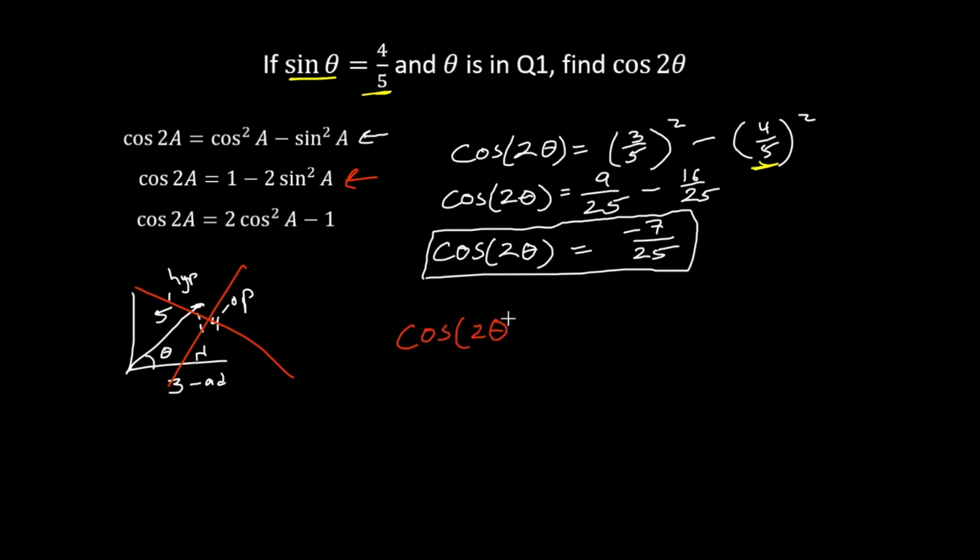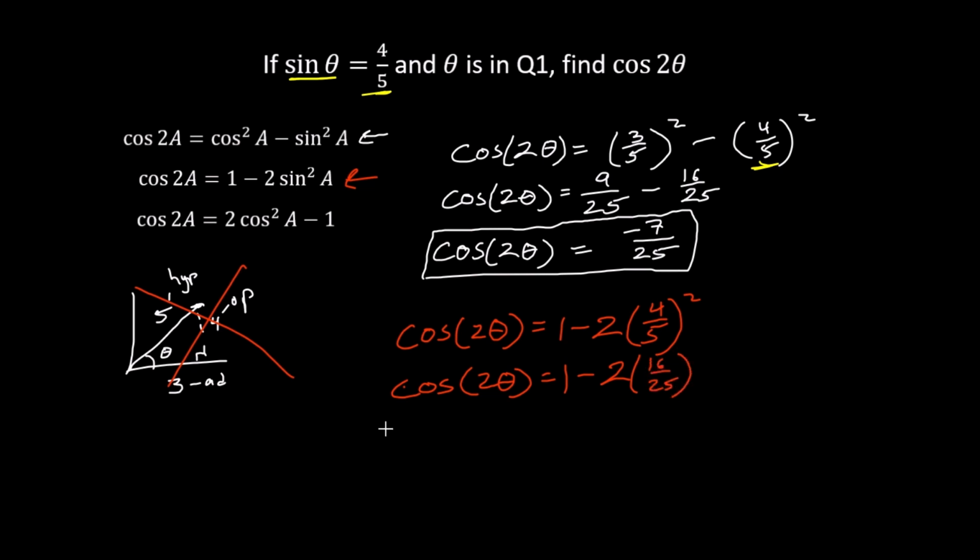Cosine of 2 theta is equal to 1 minus 2 times, well, sine of theta is given in the problem, 4 over 5 squared. Cosine of 2 theta equals 1 minus 2 times, well, that's 16 over 25. Cosine of 2 theta equals 1 minus 16 times 2 is 32 over 25.